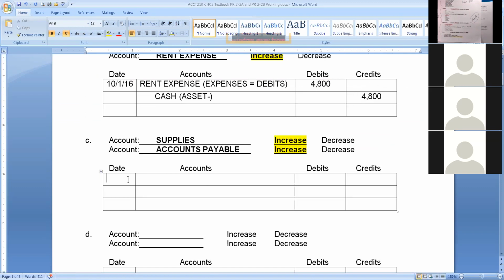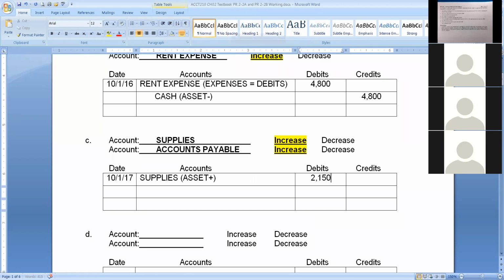Okay, so supplies are going up, $50. The liability is also going up. And this is one that tripped people up.